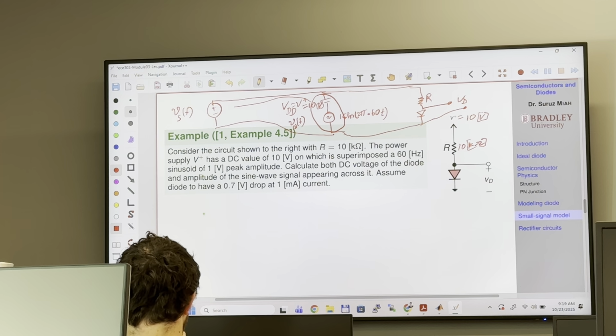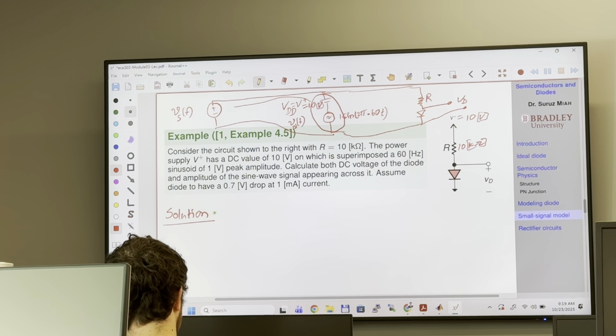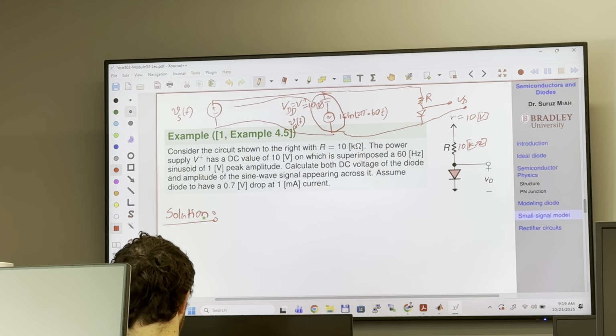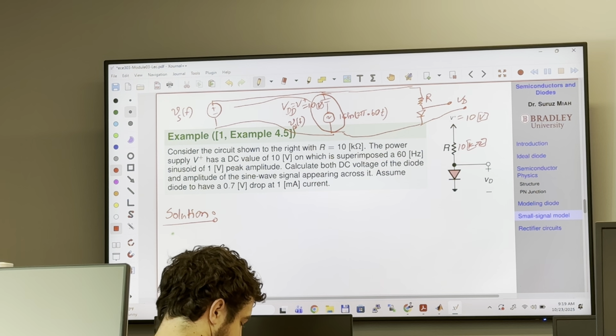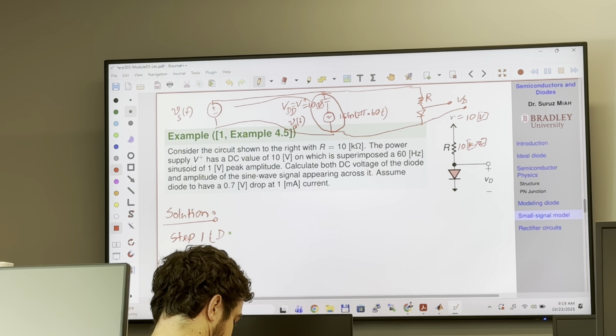All right. Solution. First, DC biasing, because we need to find what is the voltage across it. Step 1: you go through DC biasing first.